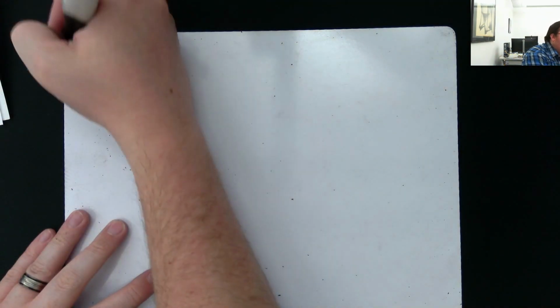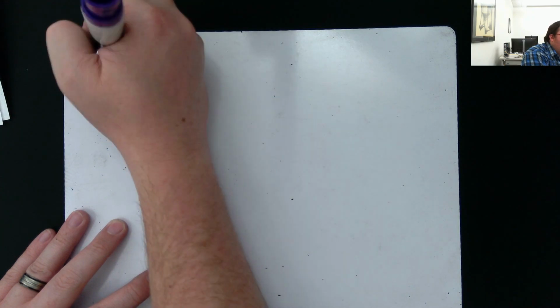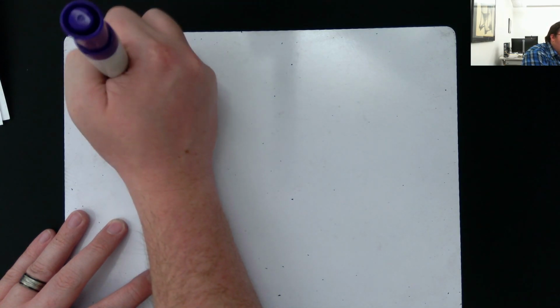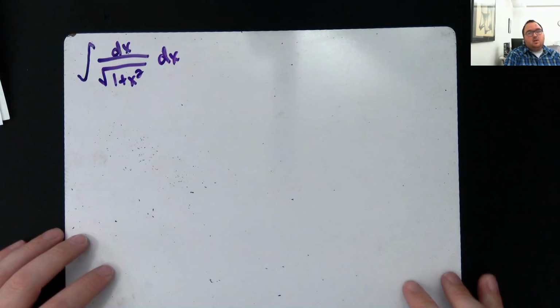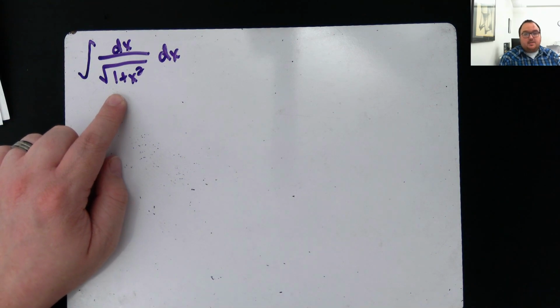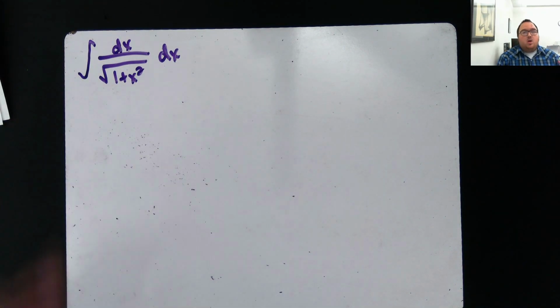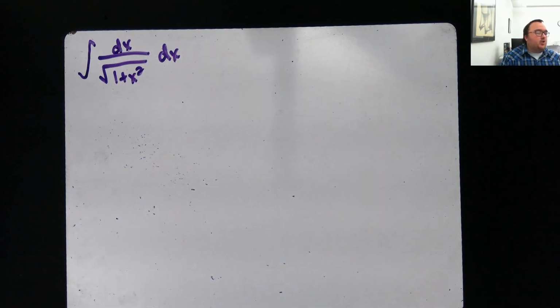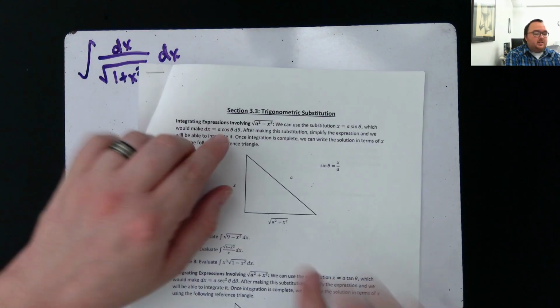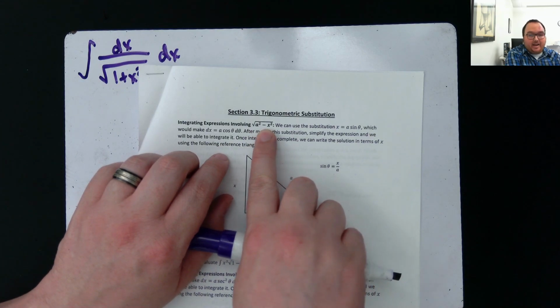Example number 4 is going to be the integral of dx over the square root of 1 plus x squared. So for this one, inside of my square root, I have 1 plus something squared. This plus means I can't do exactly what I have done, because in every other problem I've had, it's been something squared minus, right?